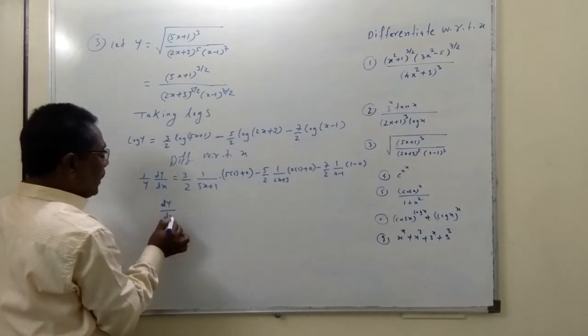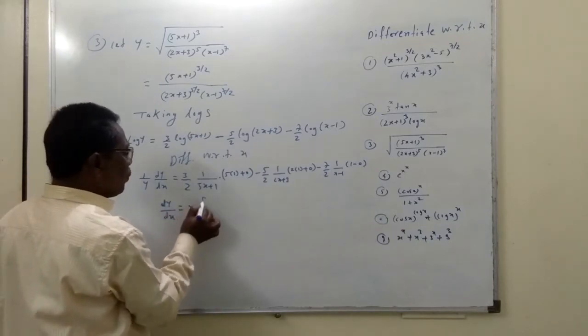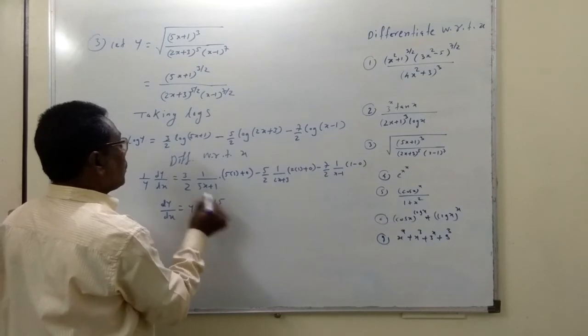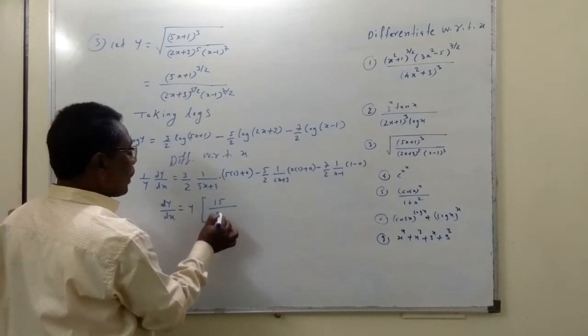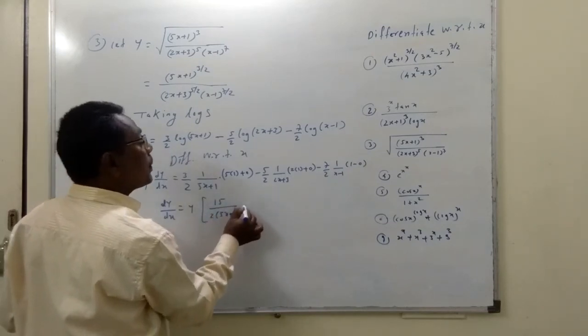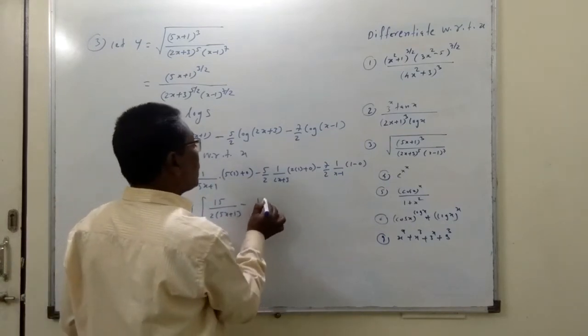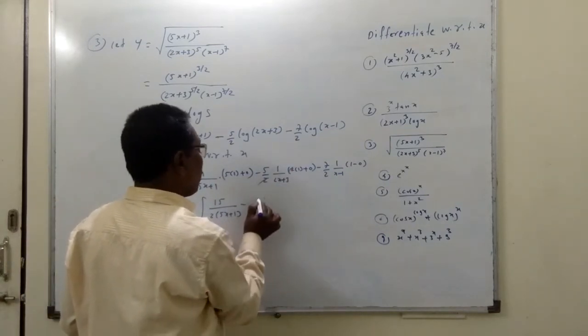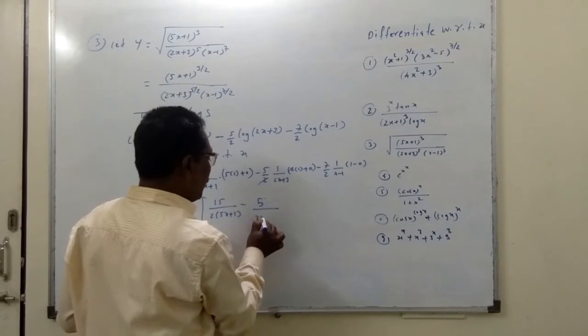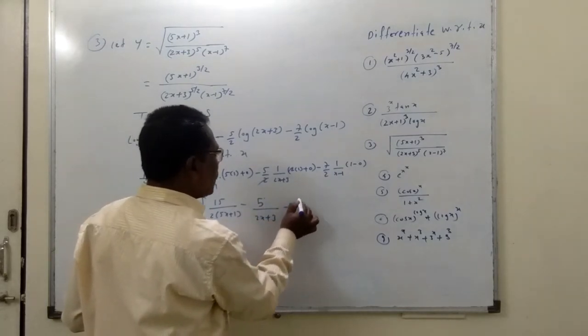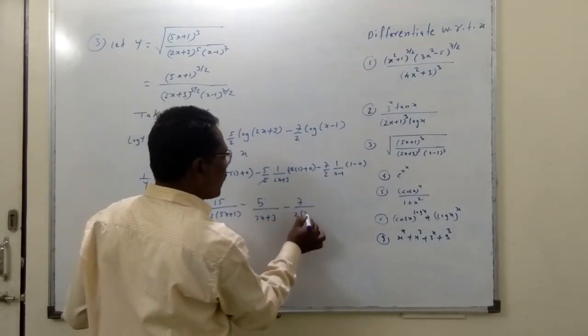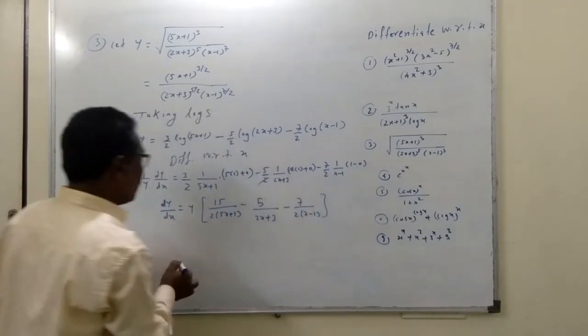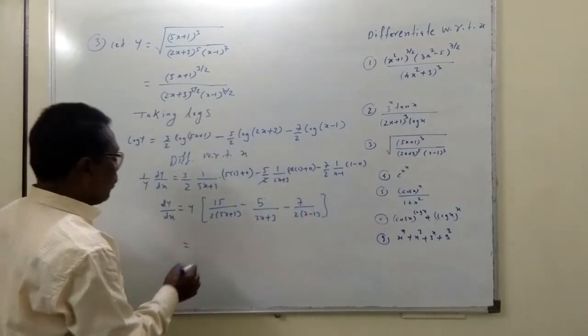So dy by dx is equal to y into bracket 15 upon 2 into bracket 5x plus 1, minus 5 into 2 gets cancelled here, so 5 divided by 2x plus 3, minus 7 divided by 2 into bracket x minus 1. Finally introduce the value of this y.